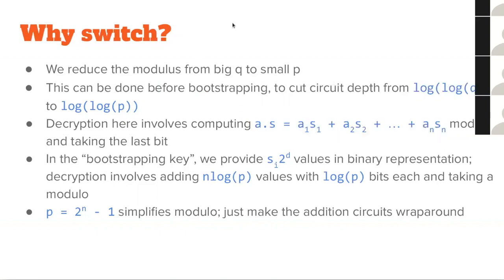By reducing the modulus, we can turn something which to decrypt requires a circuit depth of log q into something that has a circuit depth of log p. And p can be very small. Once you do the modulus switch, you don't have to do any more computation, so p can be a pretty small constant. This means the circuit depth of bootstrapping becomes a constant, and so you can increase q as much as you need in order to make the bootstrapping procedure possible.